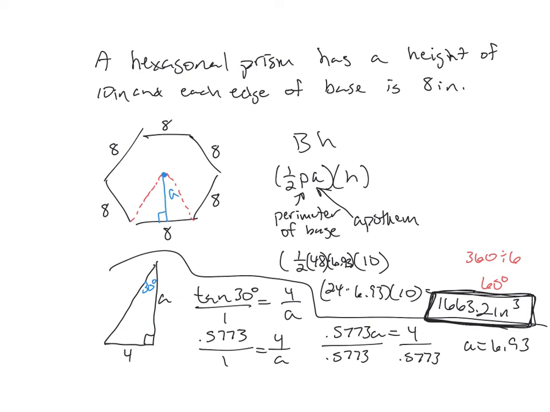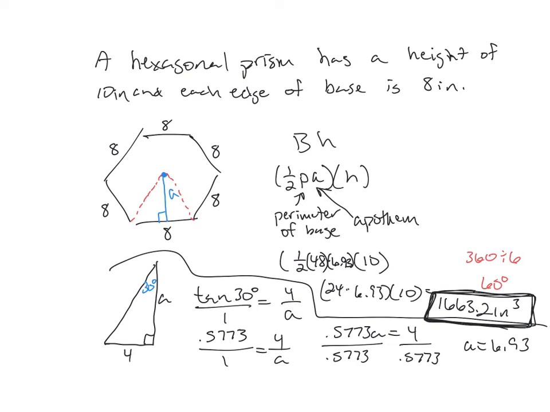So it says a prism has a height of 11.2 centimeters and an equilateral triangle for a base. So you're going to have to do this area with an equilateral triangle. And then there's one that says a pentagonal prism has a height of 9 feet, and each edge is 3 feet. So you're going to have a 5-sided figure.